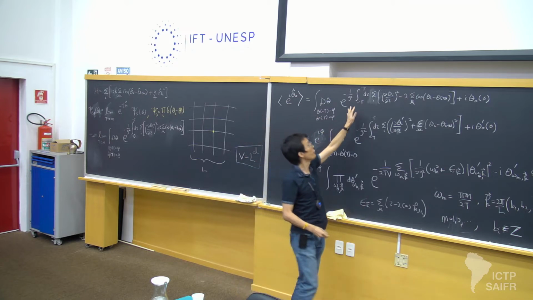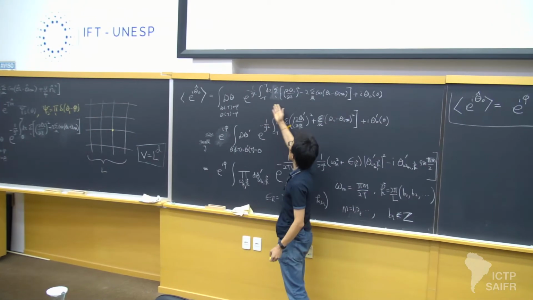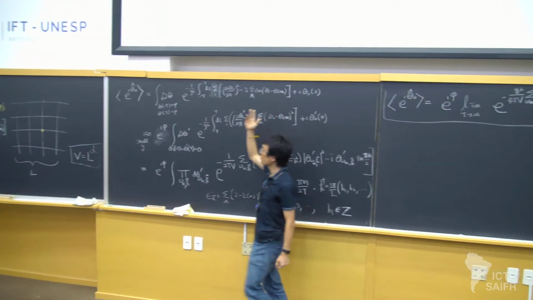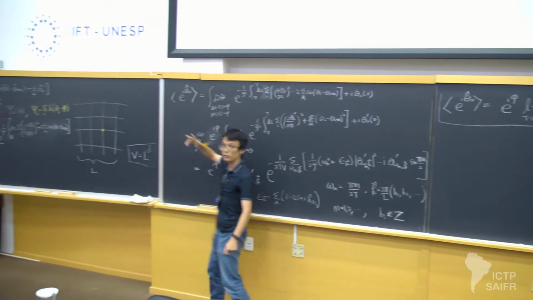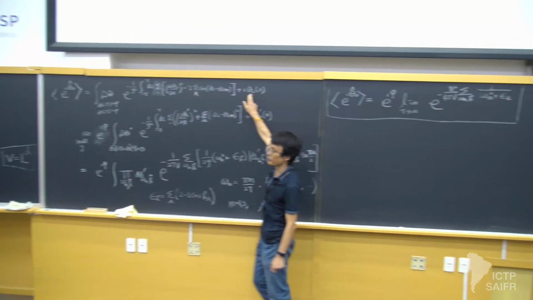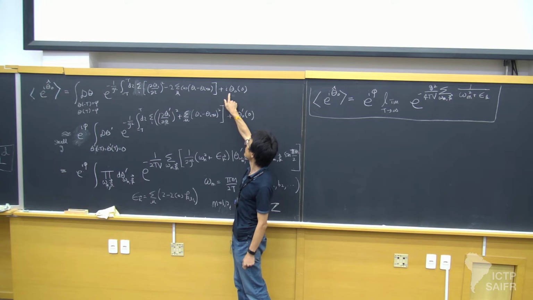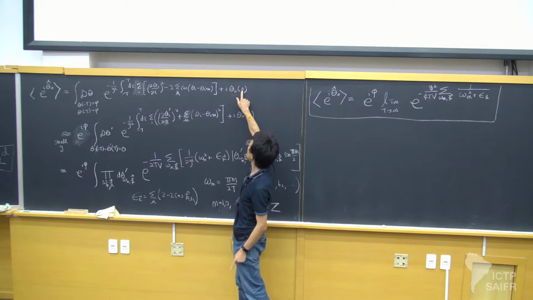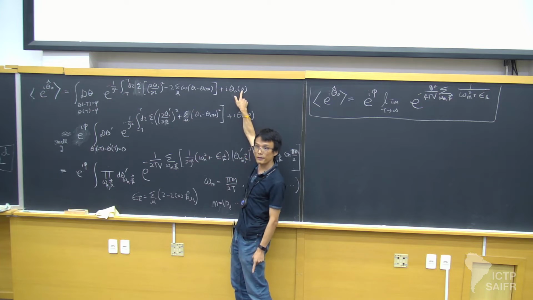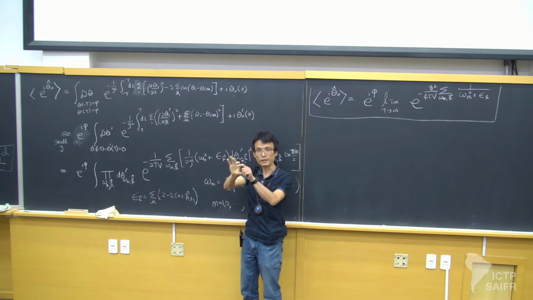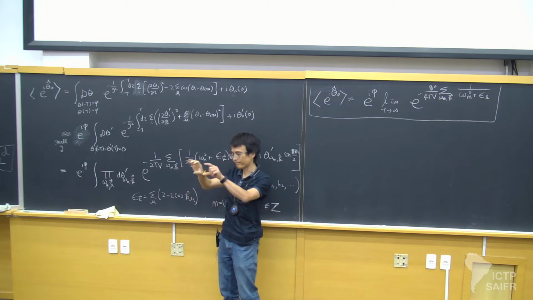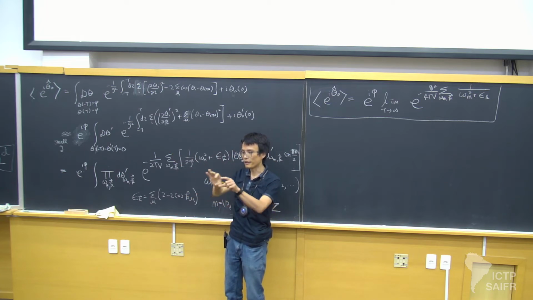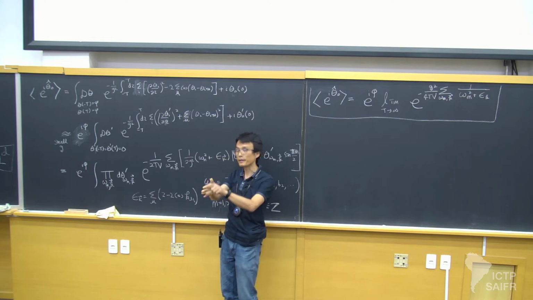And then each path is weighted by the same action, but because we are computing this expectation value, we have one more insertion here. Okay, so this is the angle at the origin site 0 evaluated at time 0, right? Because we choose the time where the ground states are glued to be time 0 here. Okay.